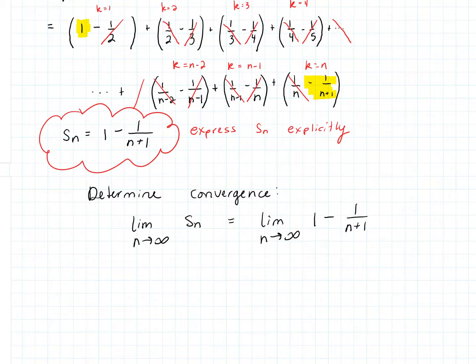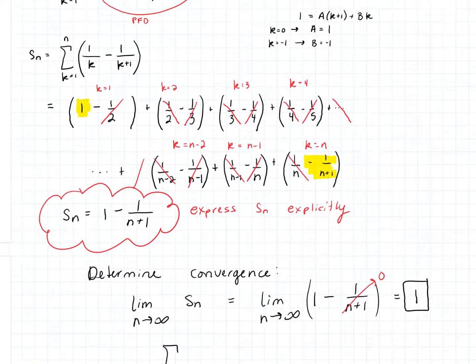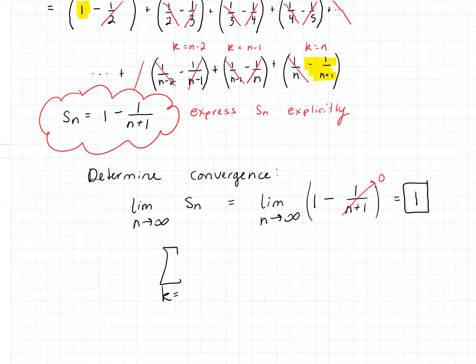And notice what happens, of course, just using our limit theory, as n grows without bound, 1 over n plus 1 is going to approach 0, and this is actually exactly 1, which is a finite value, and we can say that the sum from k equals 1 to infinity of 1 over k squared plus k equals 1, which means, of course, that it converges.